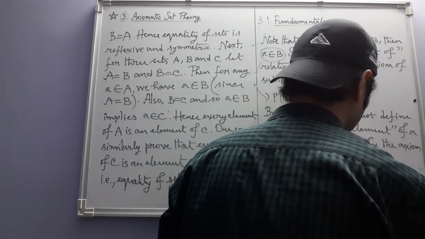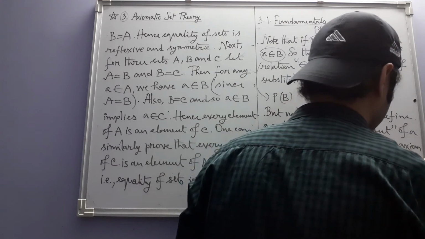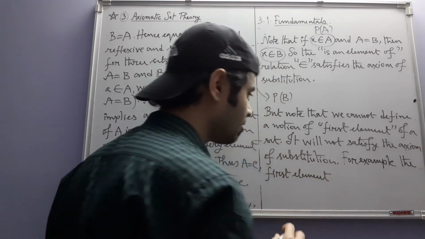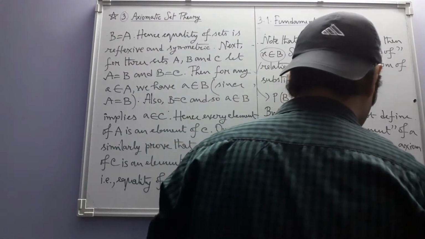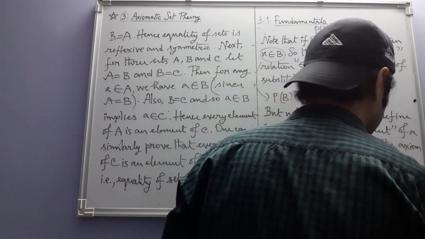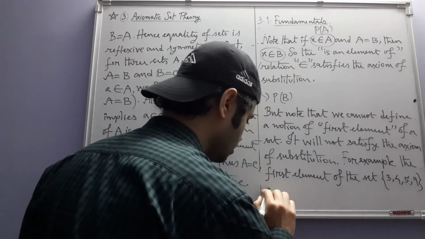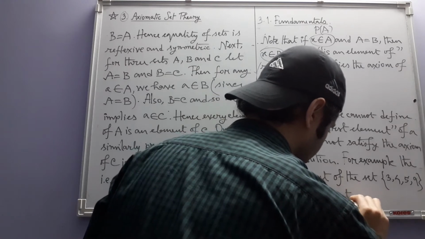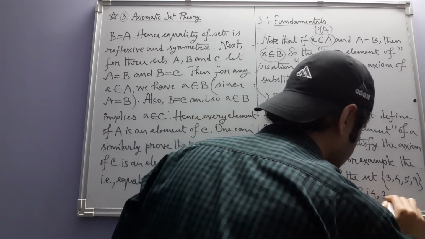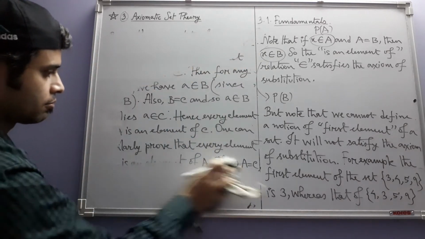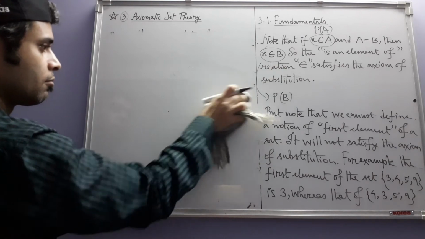Why? Because, for example, if we think of the first element of the set, say, let me take the set {3, 4, 5, 9}, the first element is 3, whereas that of the set {4, 3, 5, 9} is 4.